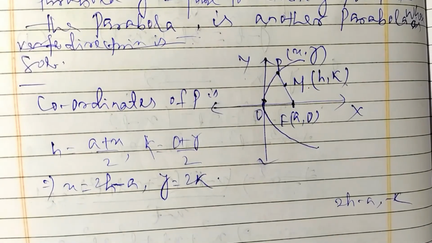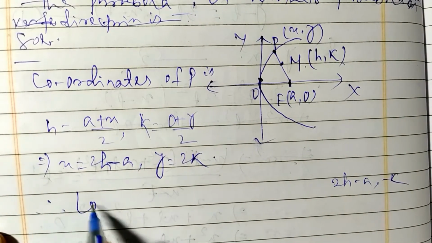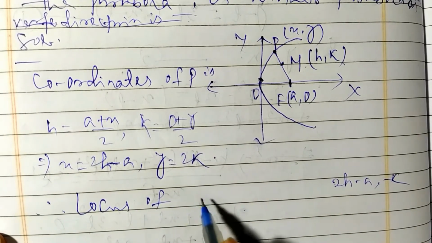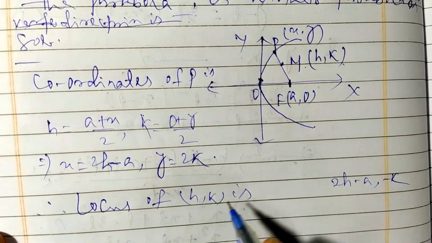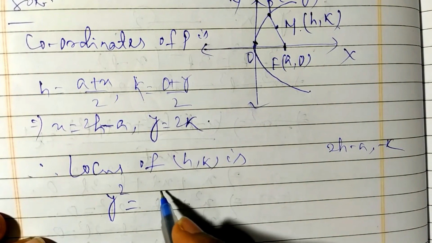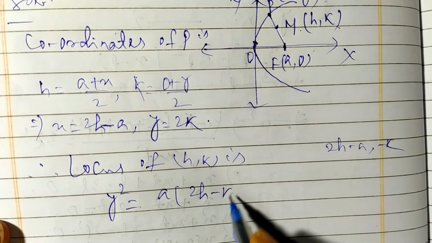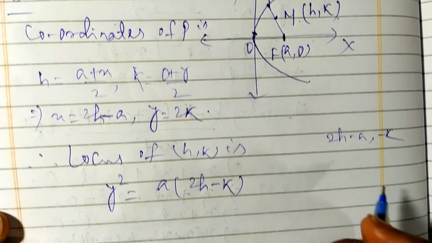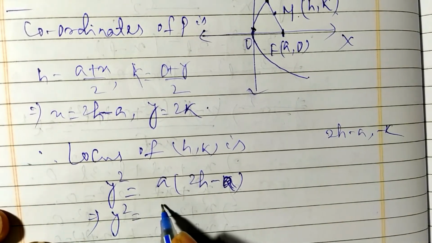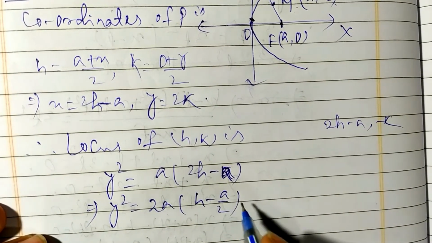Therefore the locus of (h, k) is y square is equal to a whole into 2h minus a, sorry, then by taking common 2 it will be 2a whole into h minus a by 2.